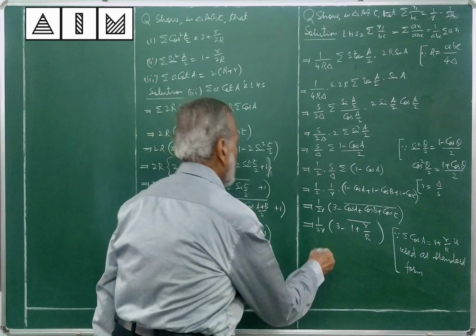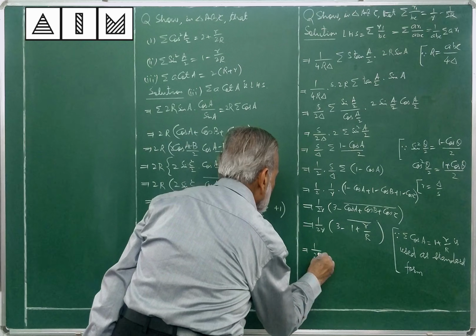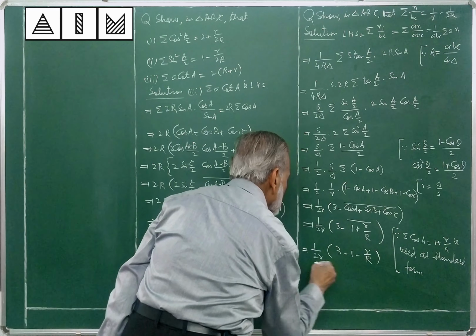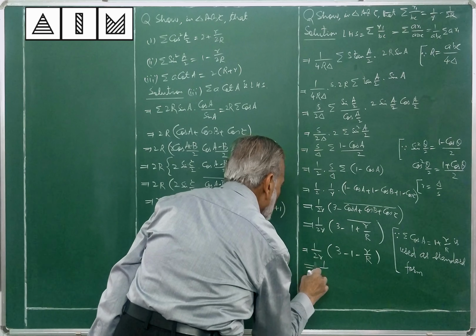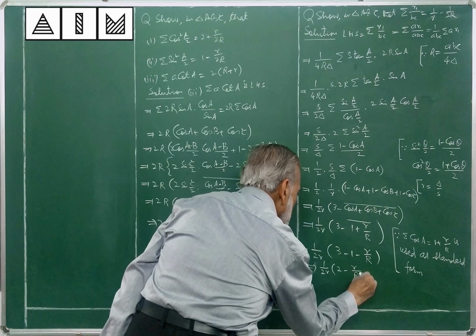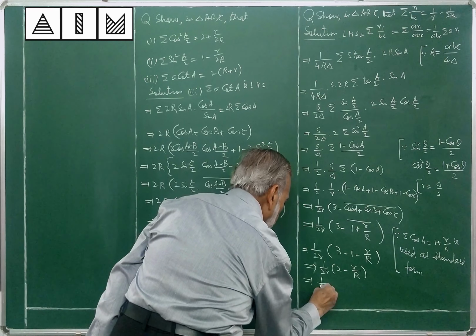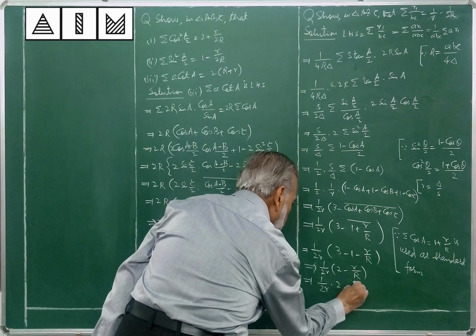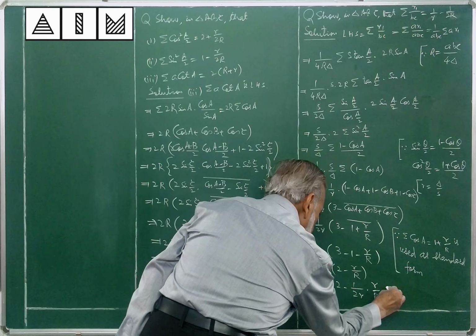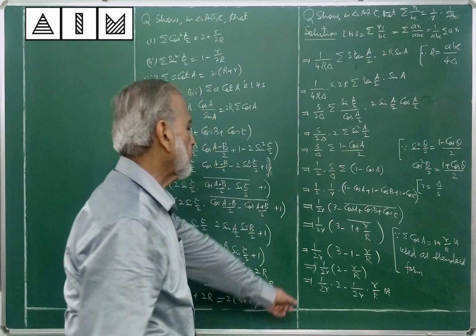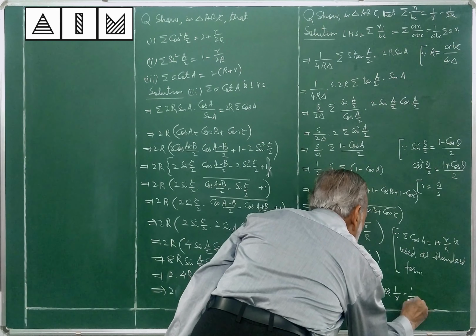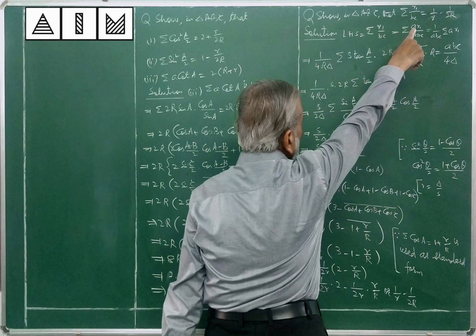Open the bracket. 1 by 2R into 2, 1 by 2R into r by R. This is 1 by R minus 1 by 2R, your right hand side.